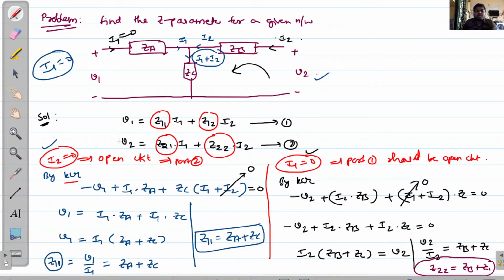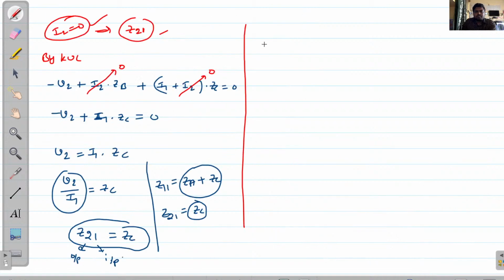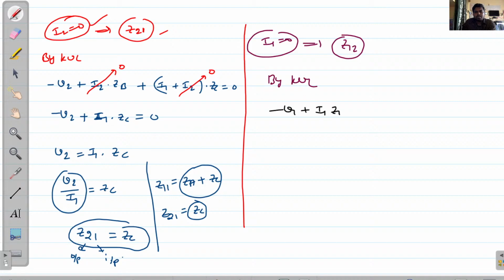In a similar way, you can apply KVL for the other loop, then you will get Z12 also. Here I am taking I1 equals 0 for the Z12 evaluation. By KVL, minus V1 plus I1 into ZA plus (I1 plus I2) into ZC equals 0, but I1 equals 0 according to our assumption.